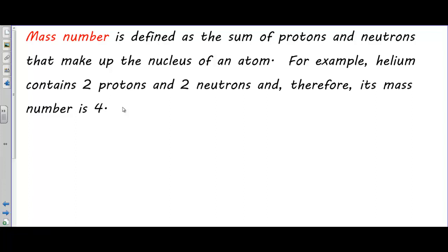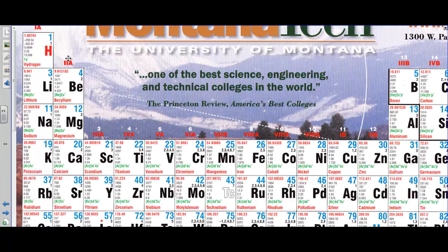Going back to the example of hydrogen, where its average atomic mass is 1.00794 AMUs. Its mass number, if I take this number and round it off to the nearest whole number, is the most likely mass number for hydrogen.